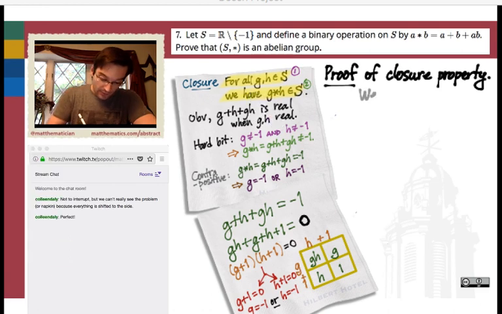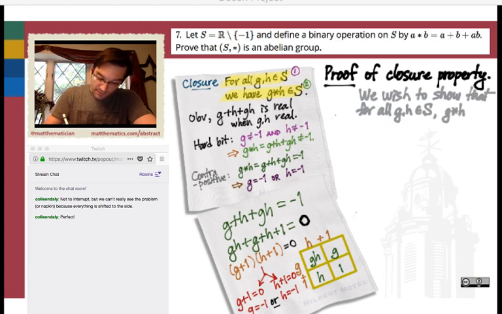So, all right here, we wish to show that for all g and h in my set S, that g star h is in the set S. So remind the reader of the definition that we're invoking here.